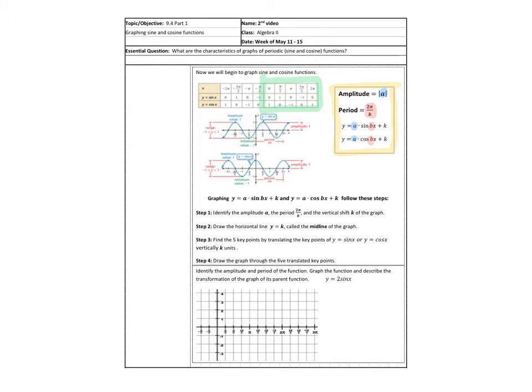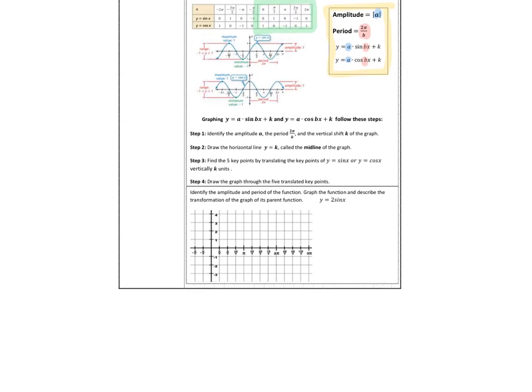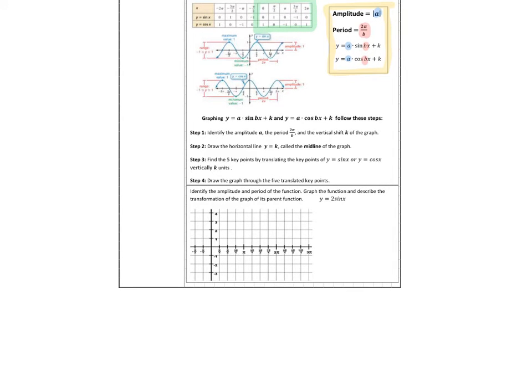The other steps to keep in mind, provided in these notes, are how we go about graphing. We outline these steps here. The first step is to look for the amplitude, the period, and the shift.